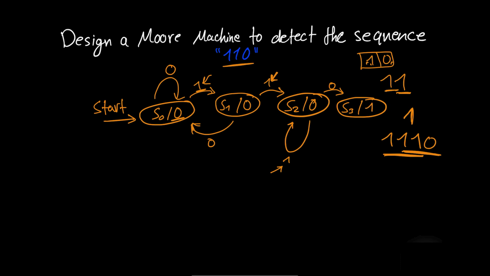Now what will happen if you press a 1 right here? If you press a 1 in state 3, after the 0, we will start with another 1. So we could potentially go 1, 1, 0 again. That is why the 1 is going to lead to the state right here.